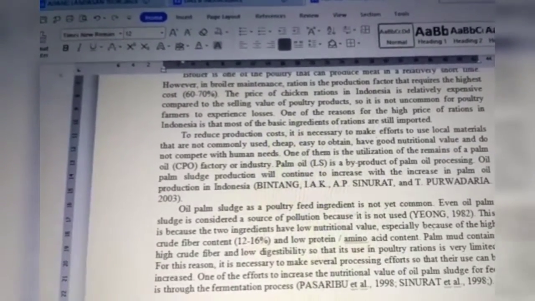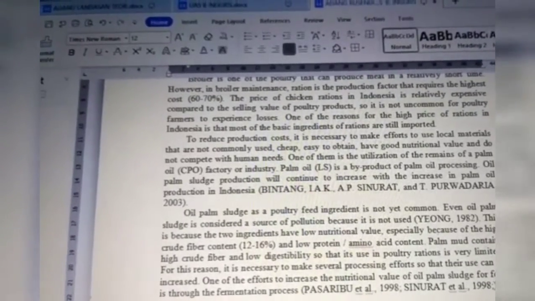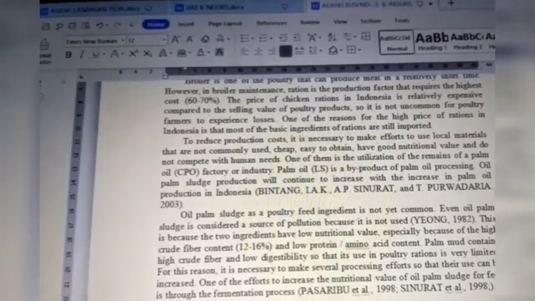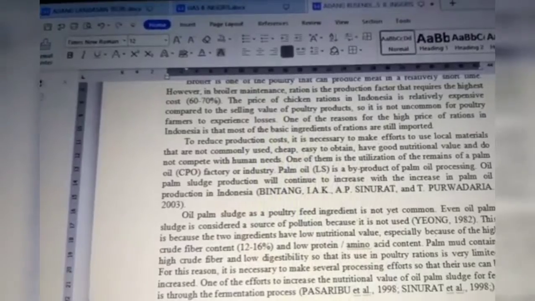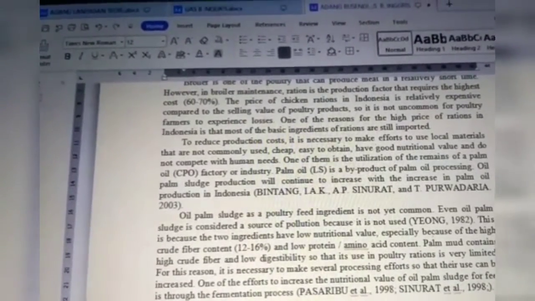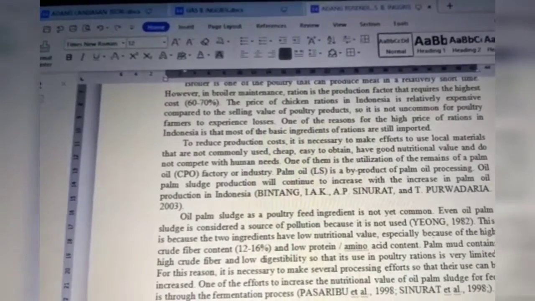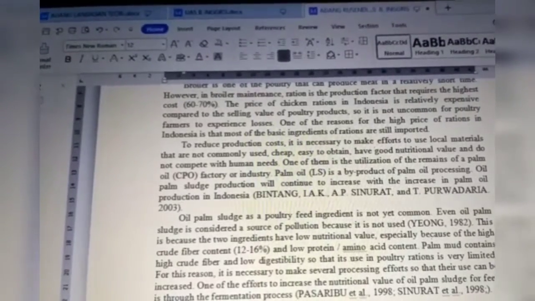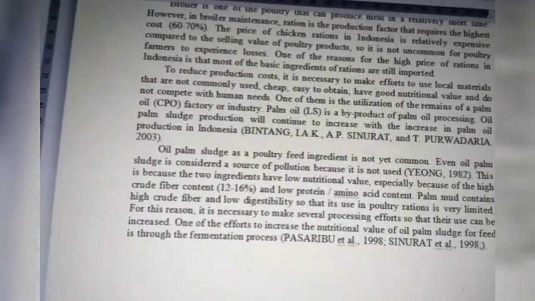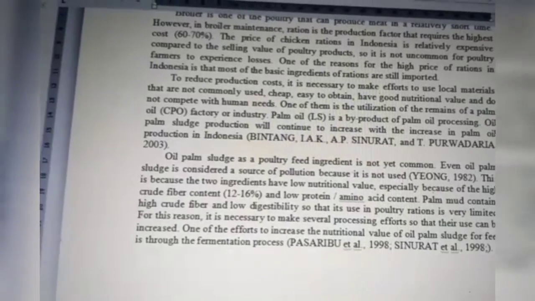Oil palm sludge as a poultry feed ingredient is not yet common. Even oil palm sludge is considered a source of pollution because it is not easily used. This is because the two ingredients have low nutrition value, especially because of the high crude fiber content, 12 to 60%, and low protein and amino acid content.